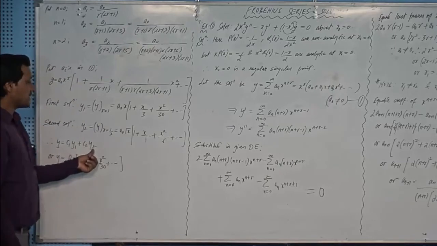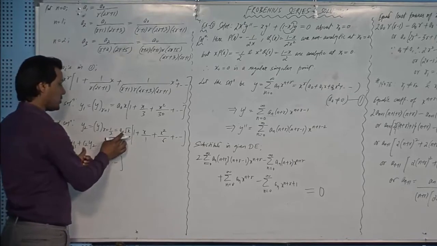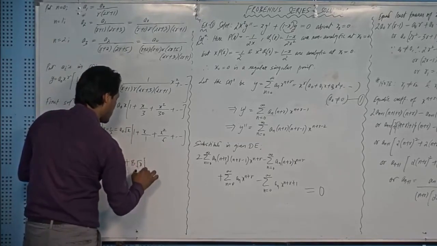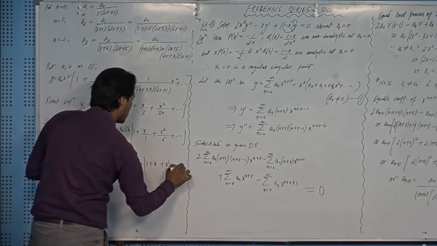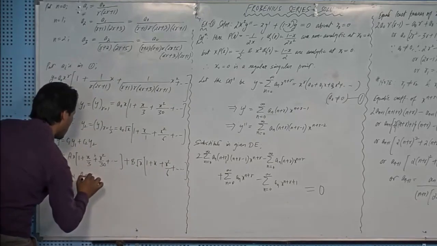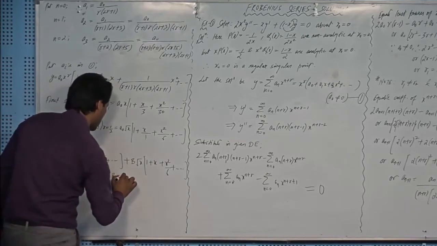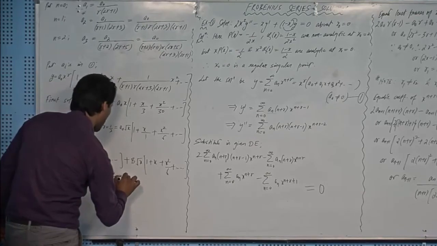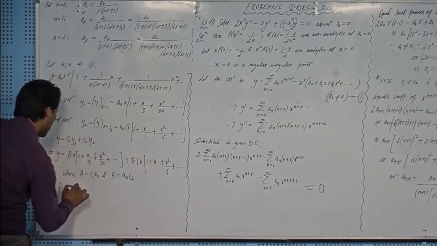And c2 multiplied with y2, that c2 multiplied by a naught will be replaced by a new constant B, root x, 1 plus x square by 6 and so on. I should mention here where I replace this A by c1 times a naught, and I wrote B in place of a naught times c2, right? So this is the full solution.